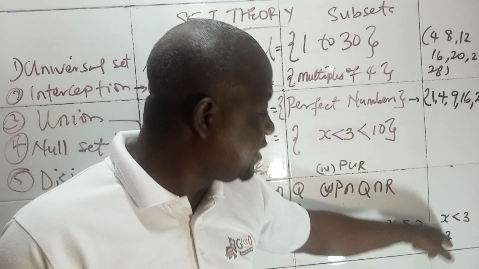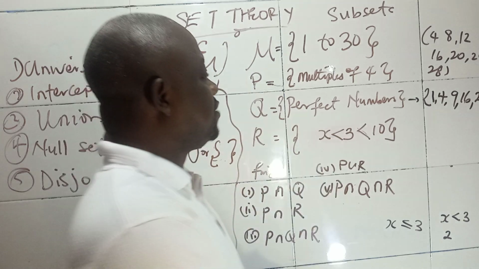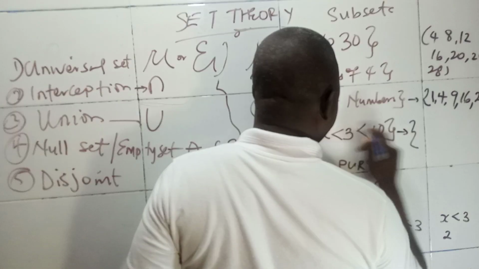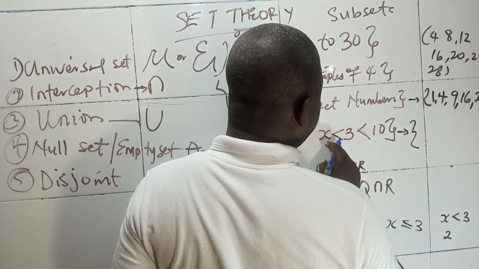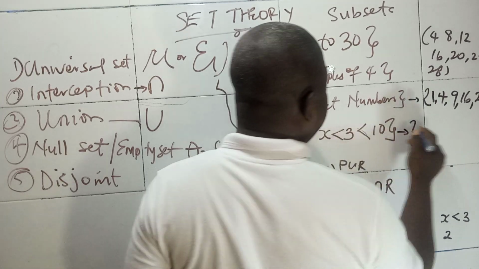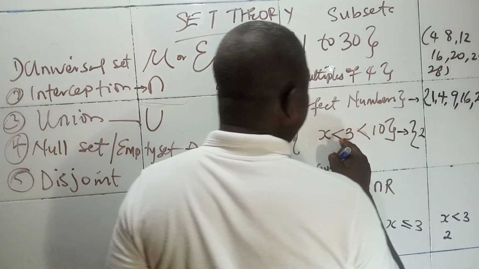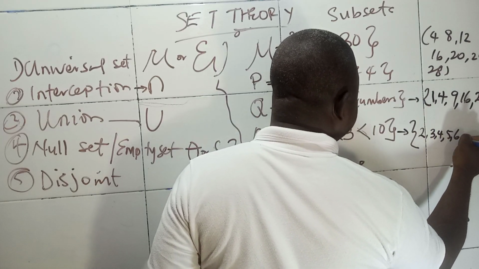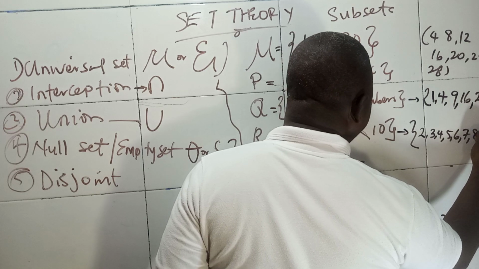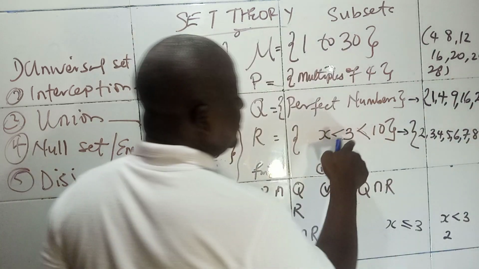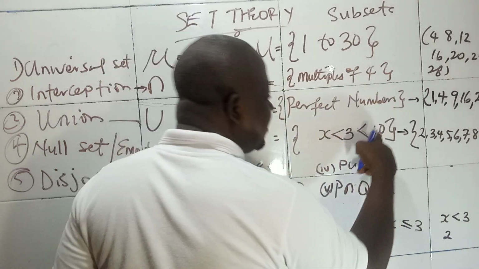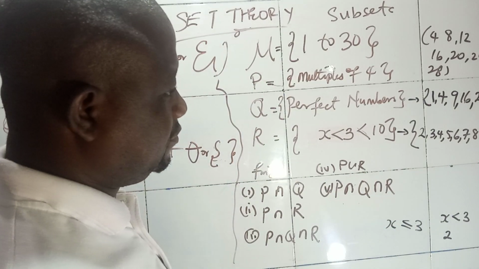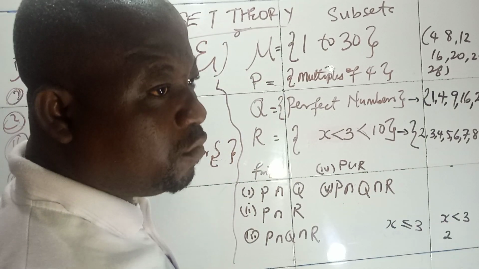So if I now bring that principle to this place, it means that this one would be interpreted as x less than 3, that is 2, then 3, 4, 5, 6, 7, 8. Now look at it. It says less than 10, but not equal to 10.